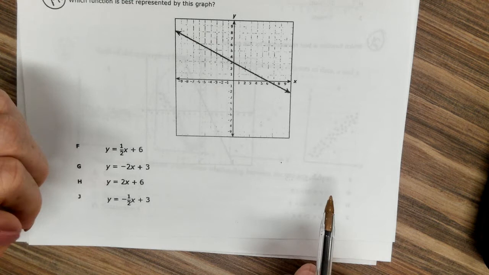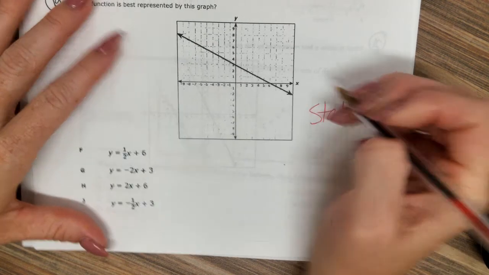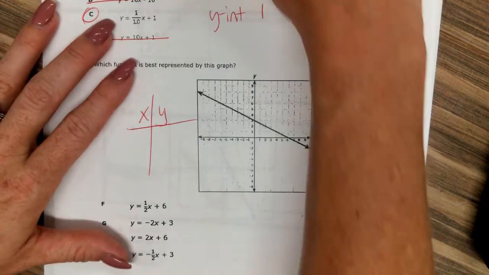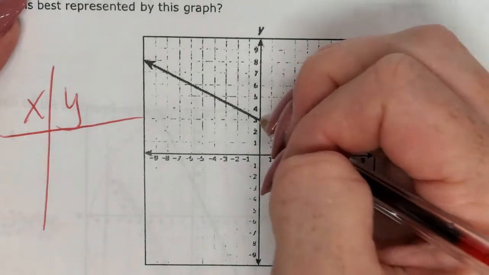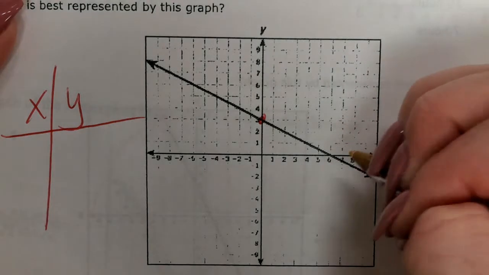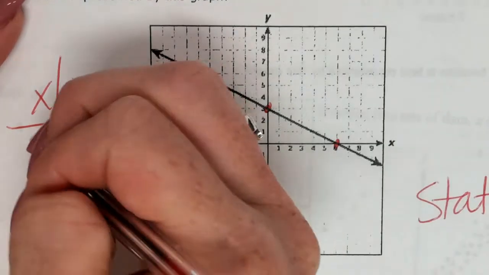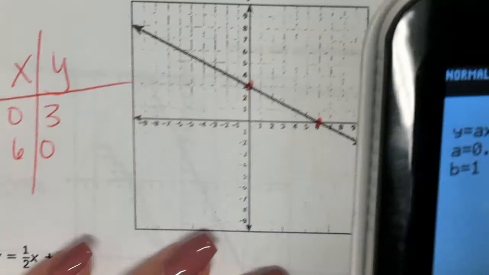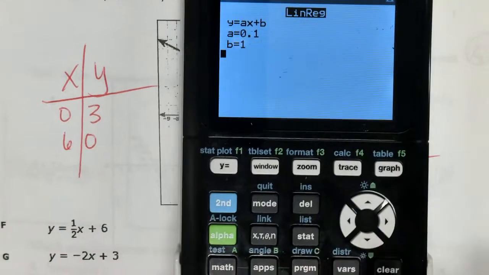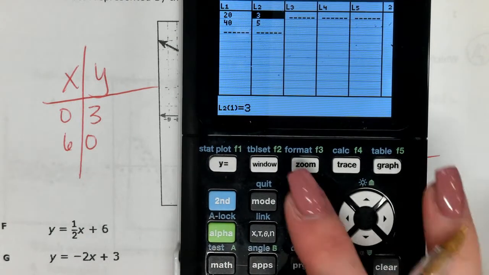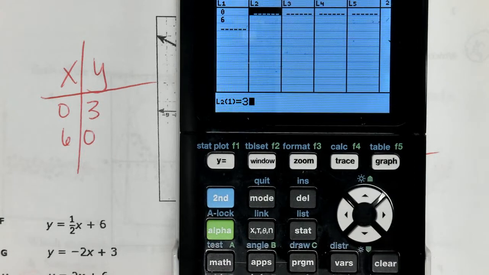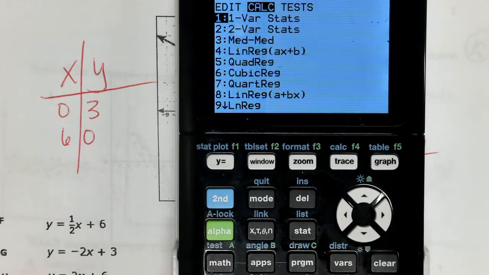All right, the next one. Again, how do I write an equation? Stat. Y'all should be answering me really quickly. How many points do I need? Okay, here's one. Here's one. So I have 0, 3, and 6, 0. I'm going to go to stat. Stat calc.